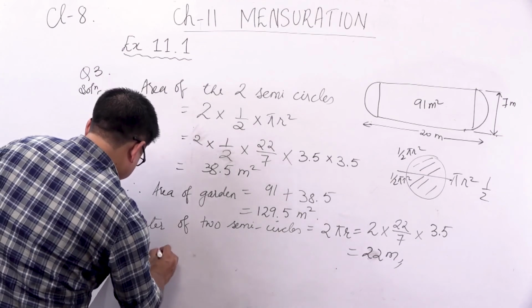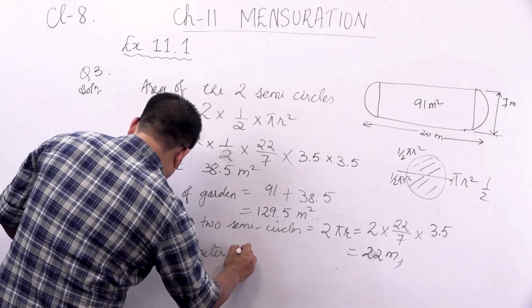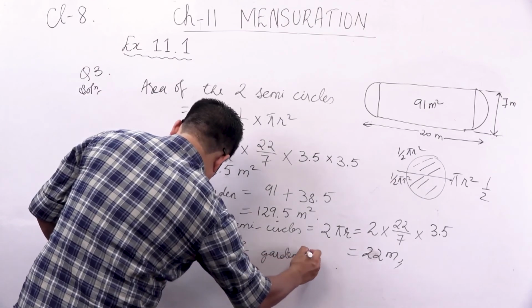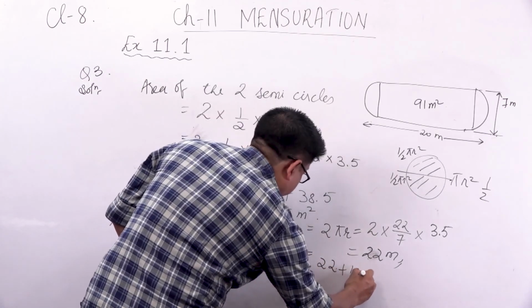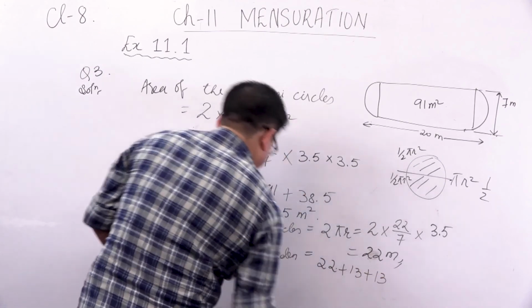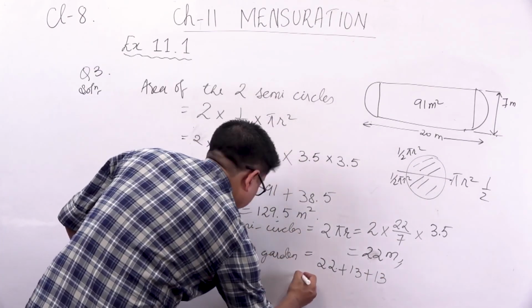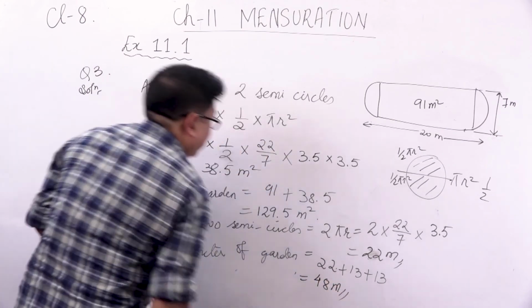And perimeter of garden is equal to 22 plus 13 plus 13. So we have 48 meter.